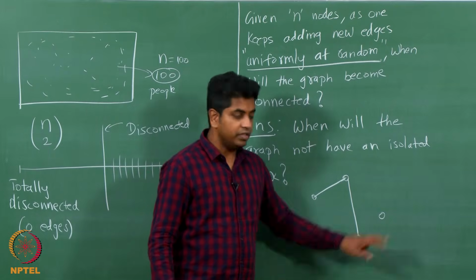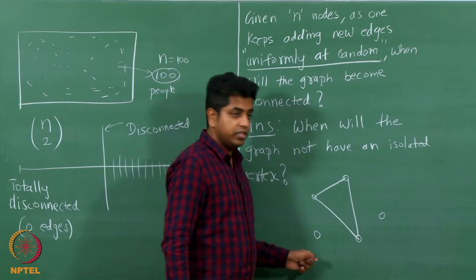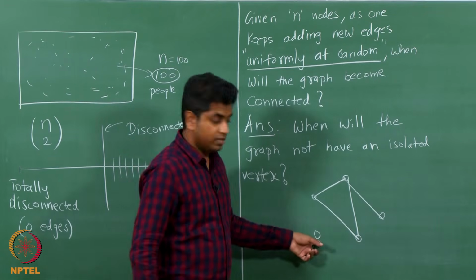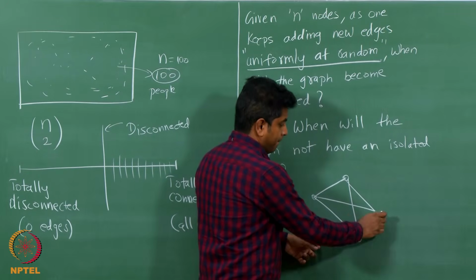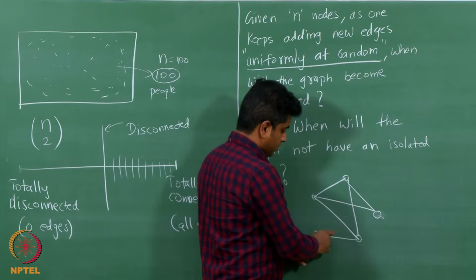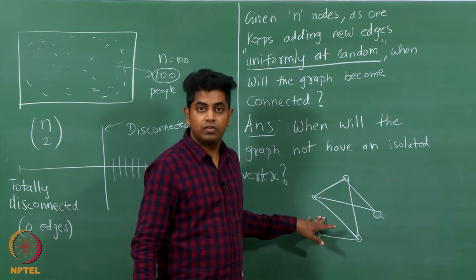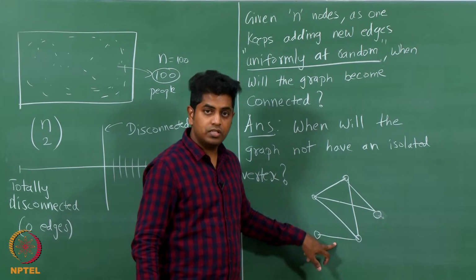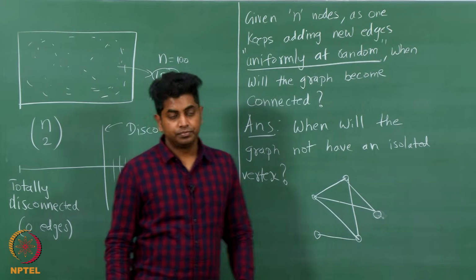There are two isolated vertices now, still two isolated vertices, only one isolated vertex, only one, none. There are no isolated vertices right now, correct? After putting 1, 2, 3, 4, 5, 6 edges, isolated vertices came to an end.